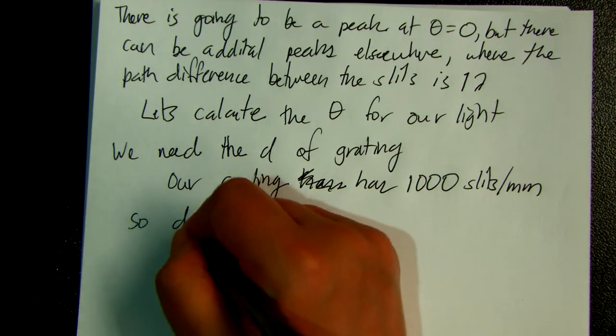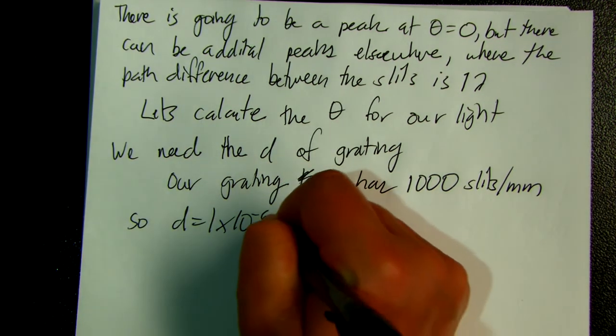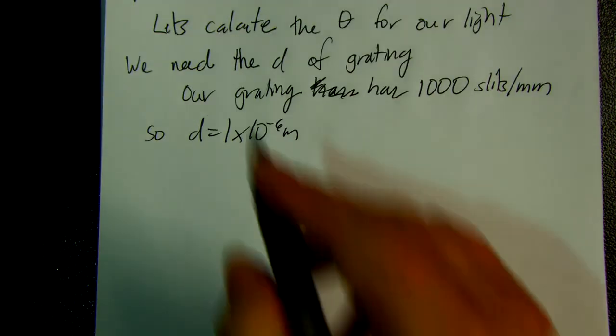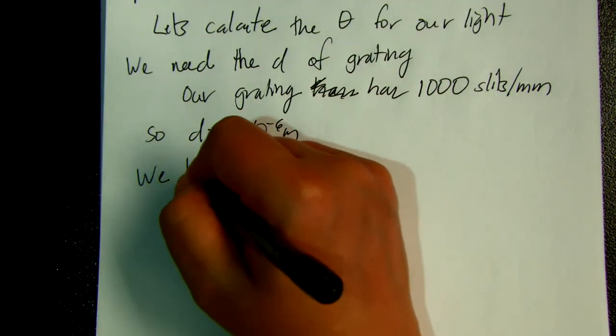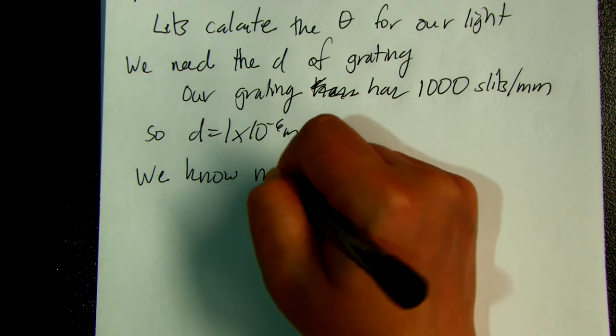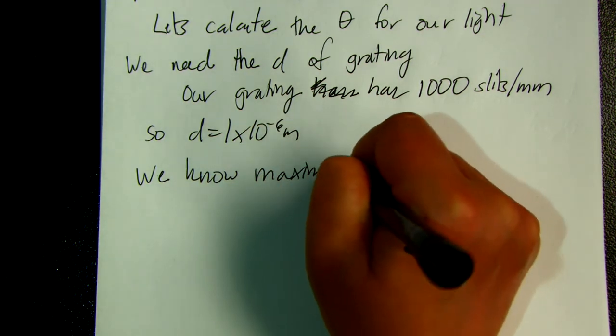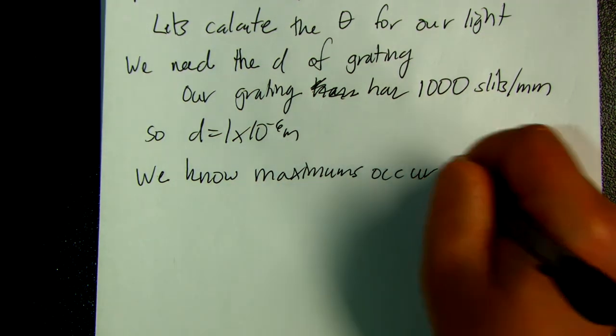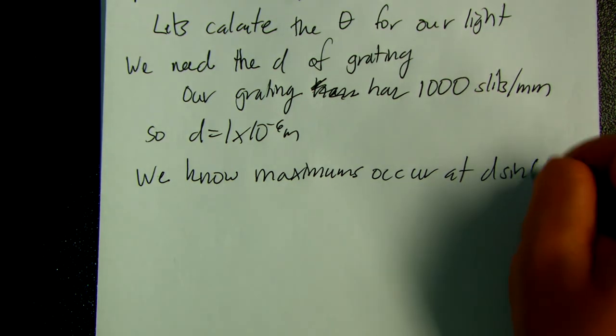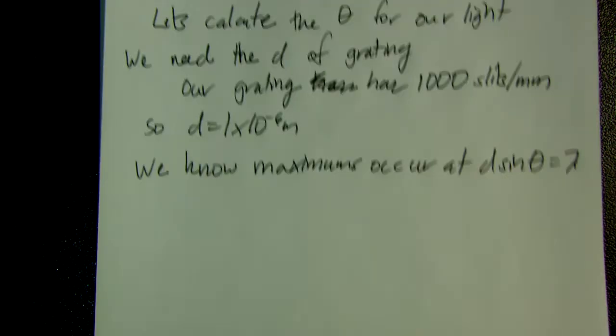So our d is equal to 1 times 10 to the minus 6 meters. And we know maximums occur at d sine theta is equal to lambda.